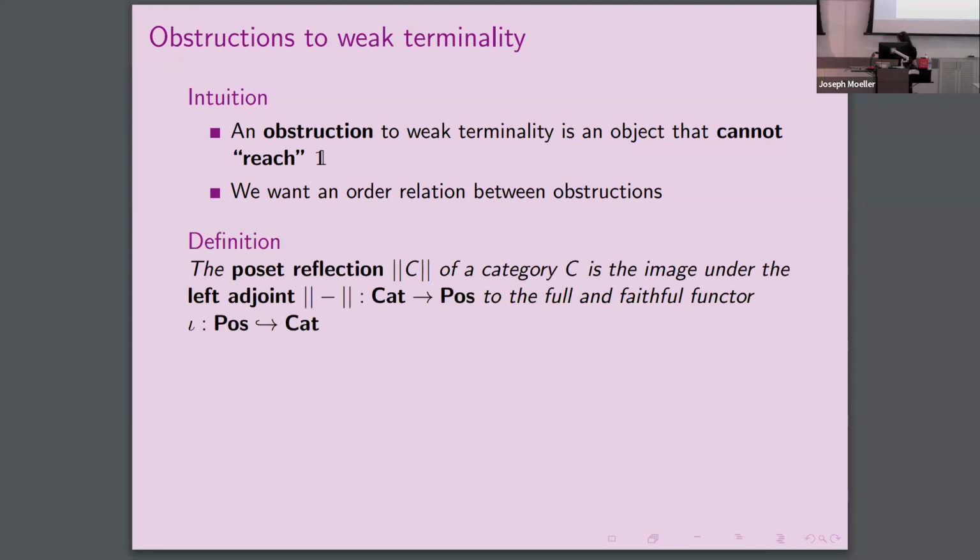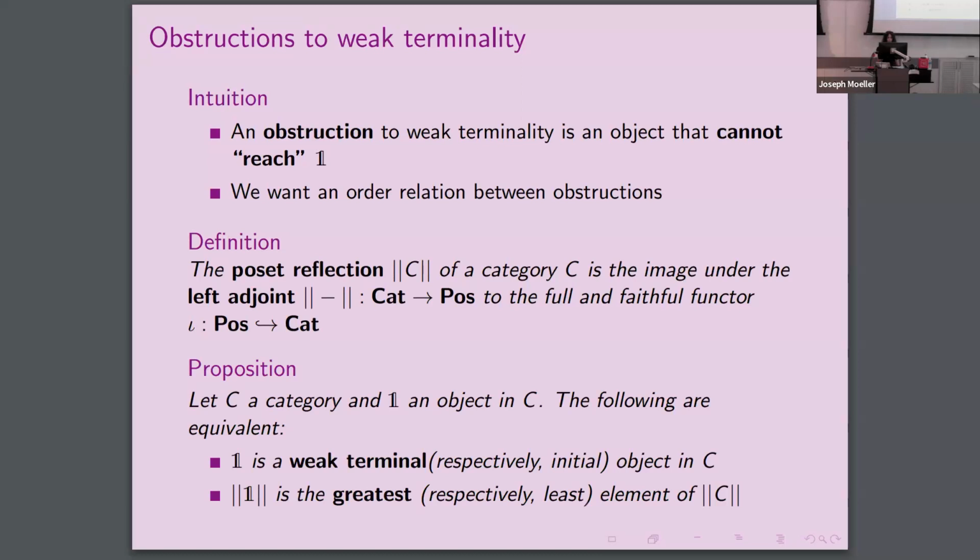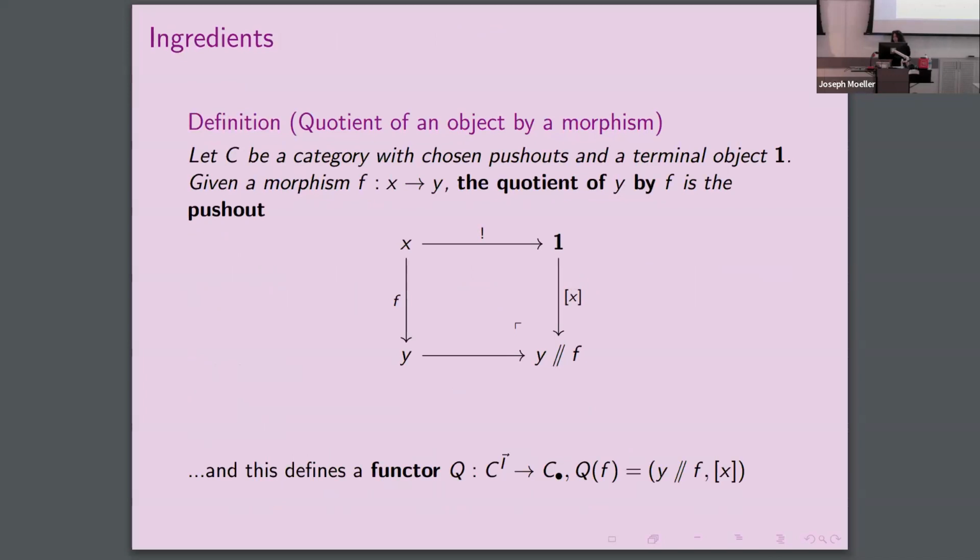So how do you formalize this? You take the poset reflection of a category, which is the image under the left adjoint to the inclusion functor of the category of posets into the category of categories. And this basically means that a weak terminal object will be the greatest element in the poset reflection. So this is the first ingredient we need in order to build our first invariant.